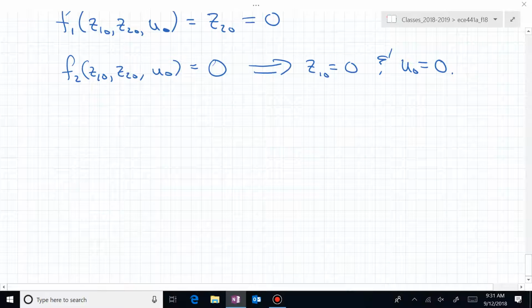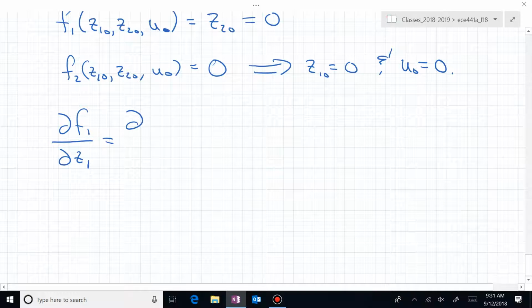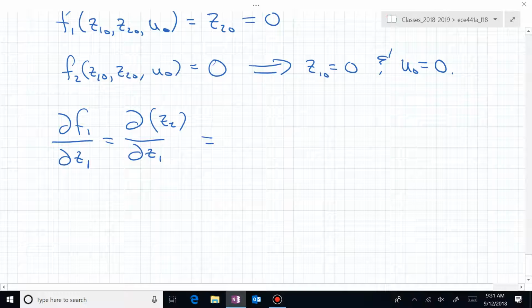One of the first partials is the partial of F1 with respect to Z1. And what was F1? That was Z sub 2, was it not? And what's the partial of Z2 with respect to Z sub 1? Is Z1 involved in Z sub 2?